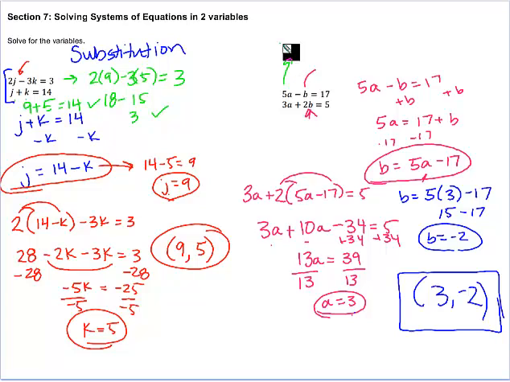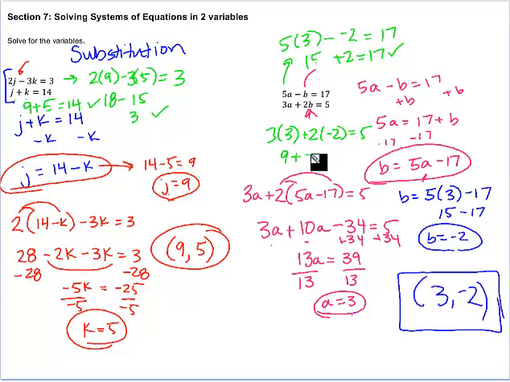So the top one, 5 times 3 minus negative 2, does that equal 17? So 15 plus 2, yep, that equals 17. Bottom one, 3 times 3 plus 2 times negative 2, does that equal 5? So 9 plus negative 4, yep, that equals 5, so it works. If it didn't work, then you made an error somewhere and you should go back through your work.